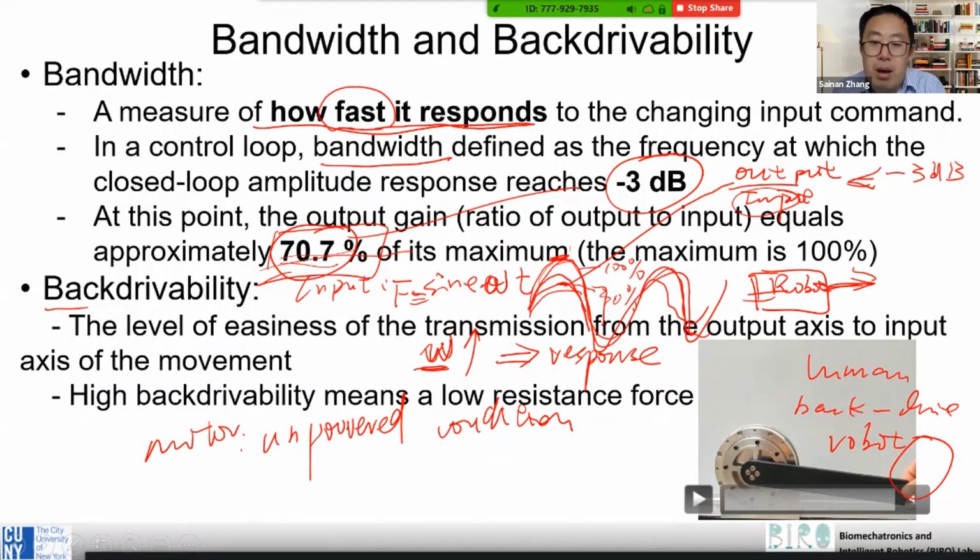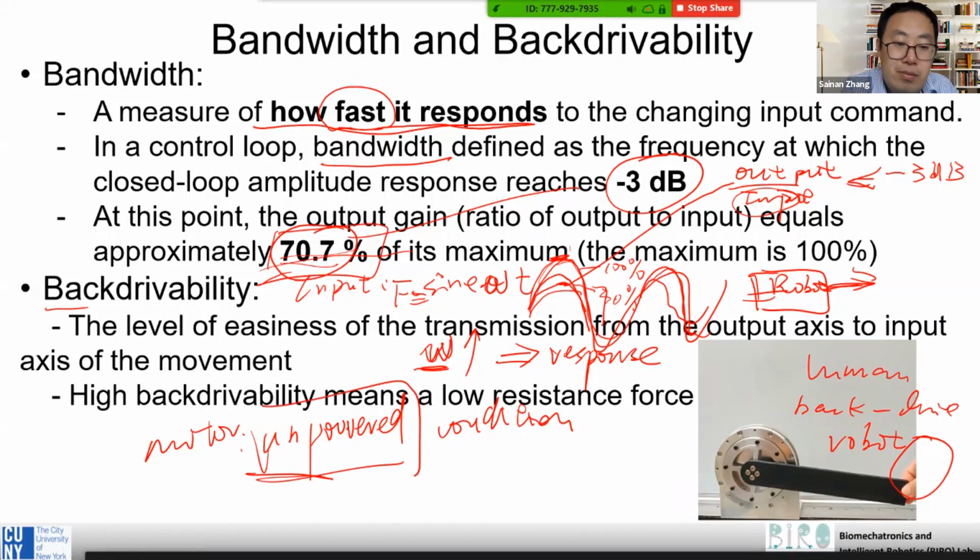However, the unpowered condition characterizes the underlying property of the mechanical system, right? That's why we typically use the unpowered condition. This is a very nice golden standard condition to characterize backdrivability.